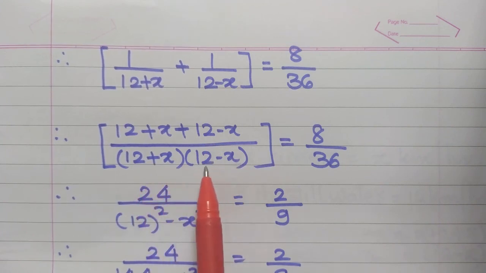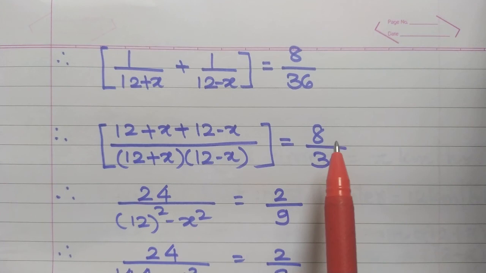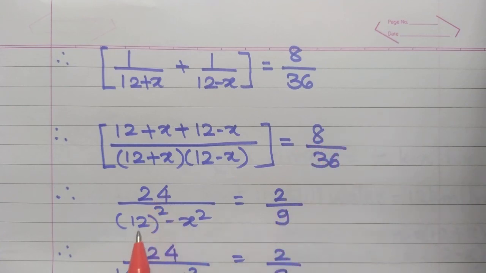Expansion of a plus b into a minus b will be a square minus b square. So it will be 12 square minus x square is equal to 8 upon 36, which reduces to 2 upon 9. So 24 upon 12 square is 144 minus x square is equal to 2 upon 9.